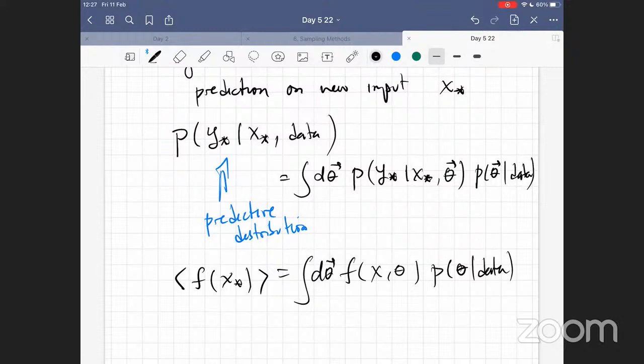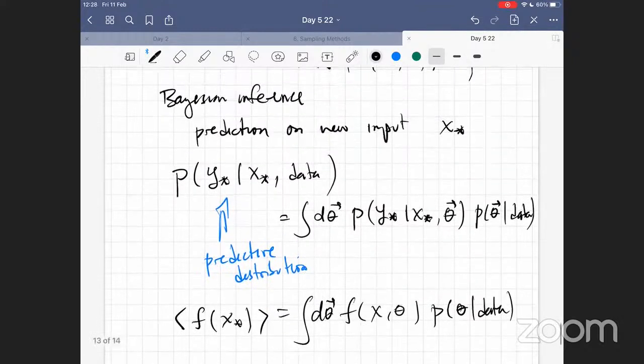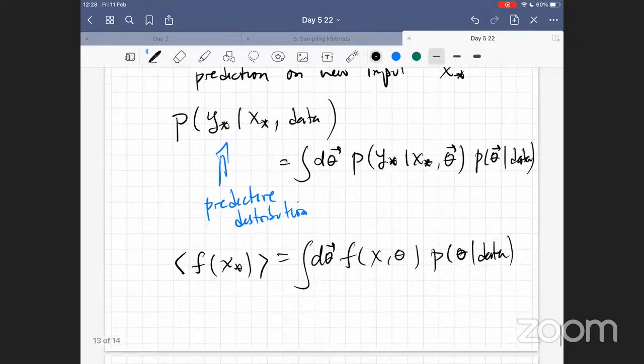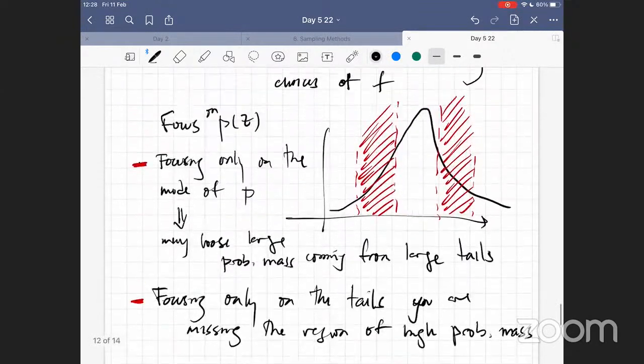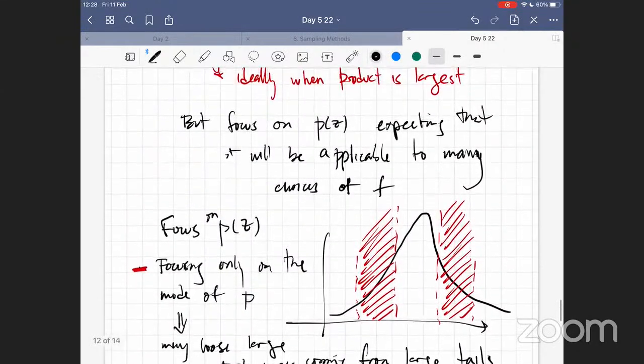Okay. So this is the sort of thing we are trying to discuss. And in that sense, while discussing this in this lecture, I always have in mind the fact that the thing that you're trying to sample from is a posterior distribution.